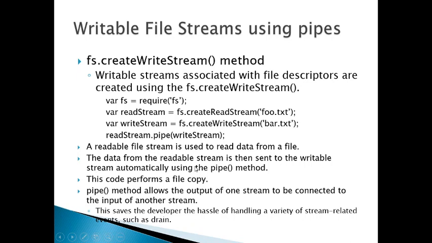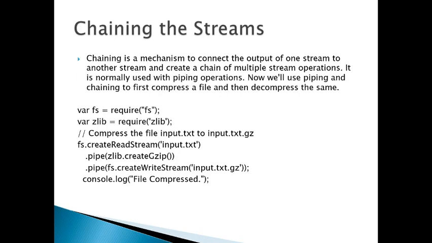The data from the readable stream is then sent to the writable stream automatically using the pipe method. This code performs the file copy. The pipe method allows the output of one stream to be connected to the input of another stream. This saves developers the hassle of handling a variety of stream related events such as drain, etc. So it is very simple.